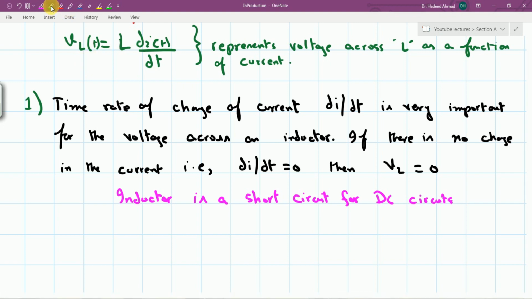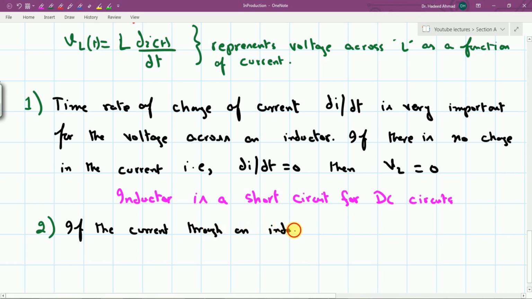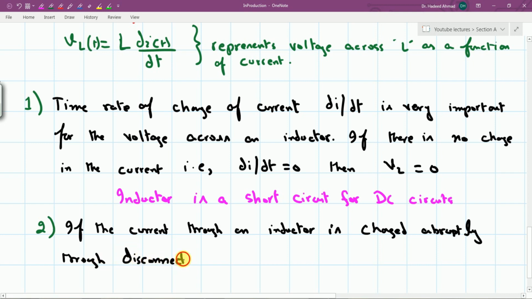The second thing here is that if the current through an inductor is disconnected or is abruptly changed, through disconnection or whatever it is, then the inductor does not permit this, right?